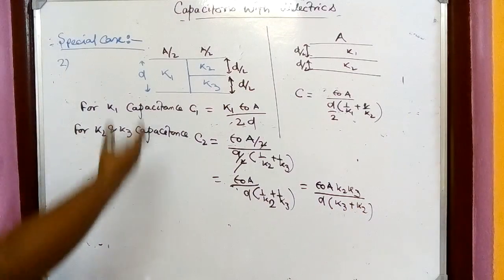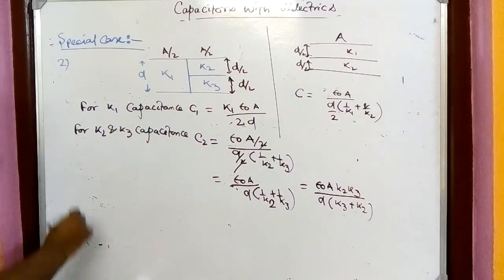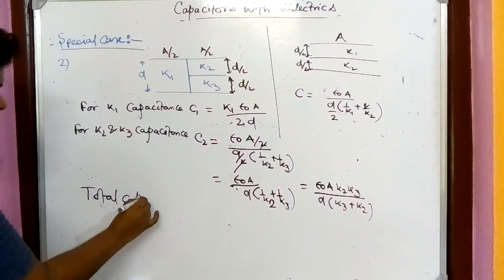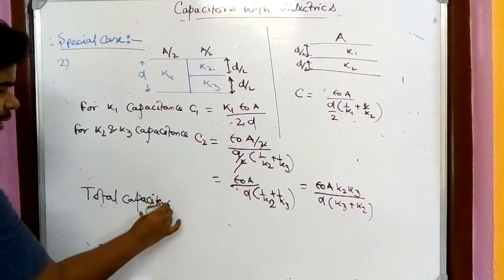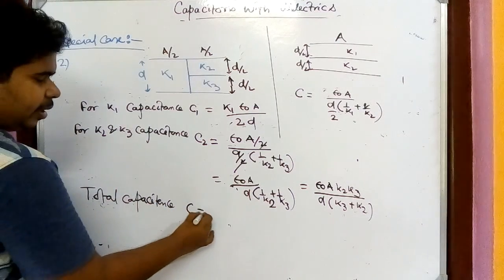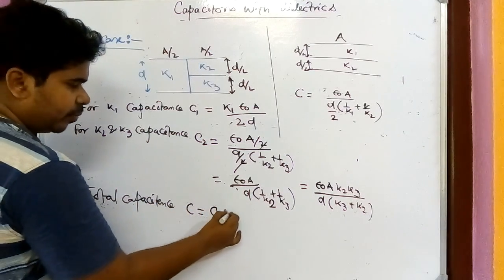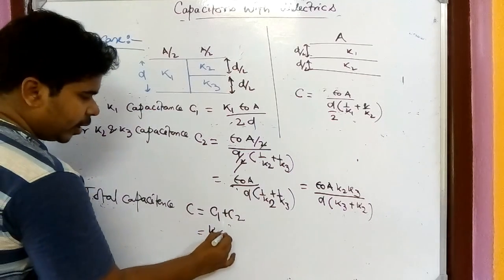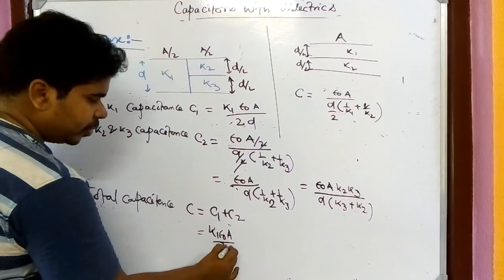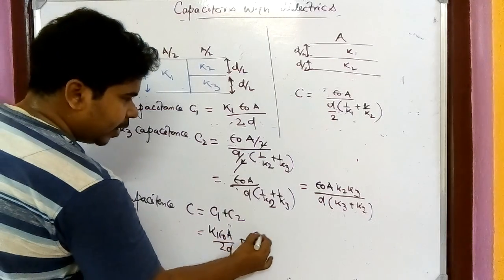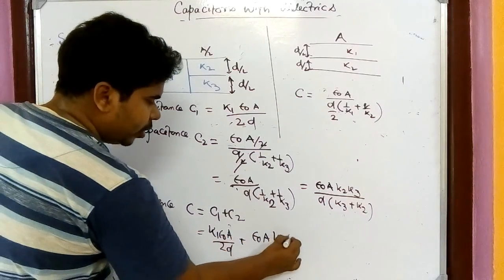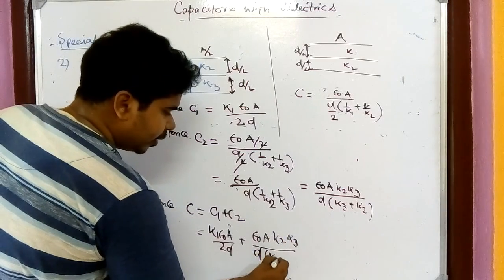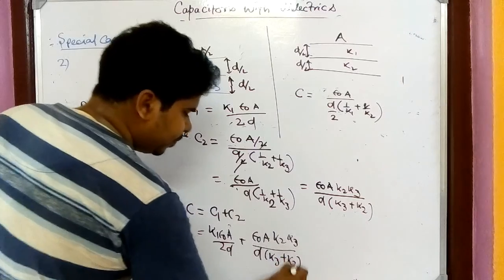Now add these together, so total capacitance capital C equals C1 plus C2. So C1 is K1 epsilon naught A by 2D plus epsilon naught A K2 into K3 by D into K3 plus K2.